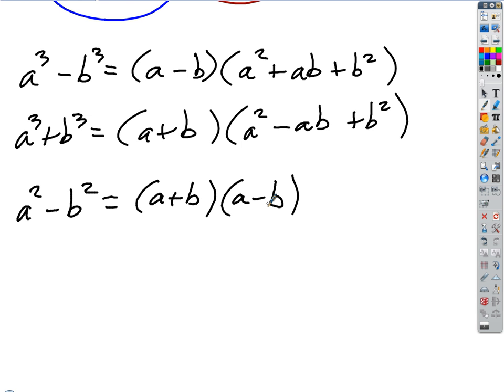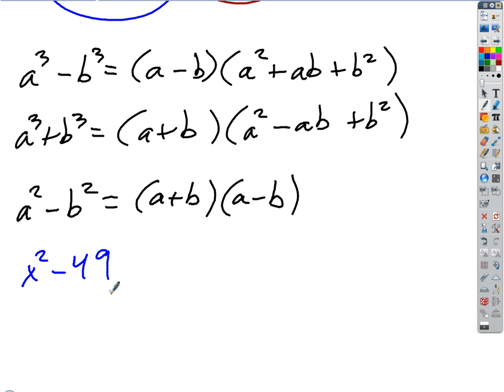This is the one that applies if we ever have two terms that can be written as something squared minus something else squared. For example, what if I had something like x squared minus 49? Can that be written as something squared minus something else squared? Wouldn't that just be x squared minus 7 squared?